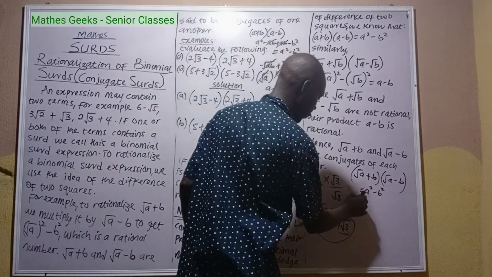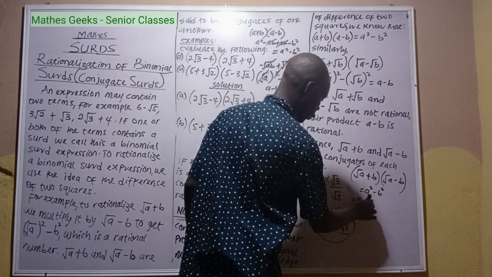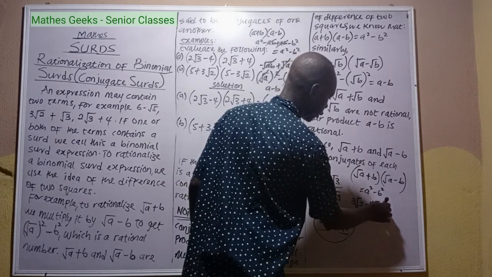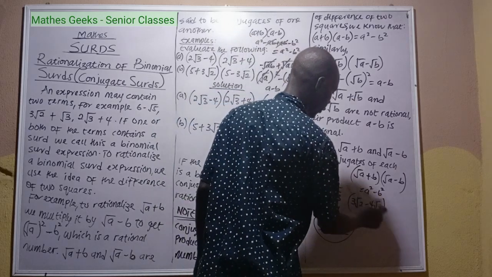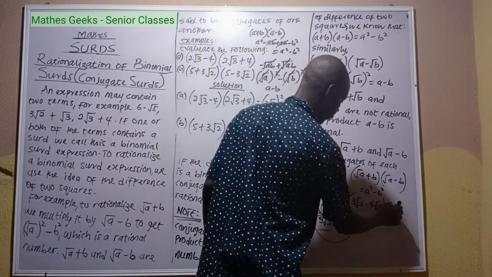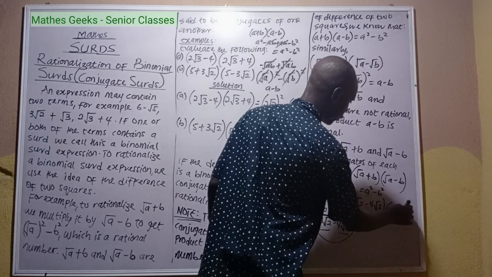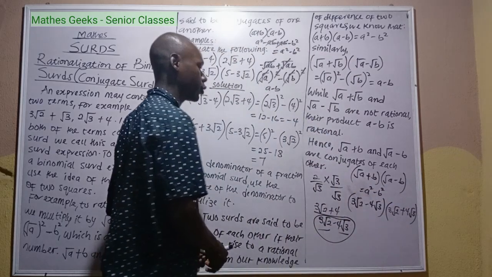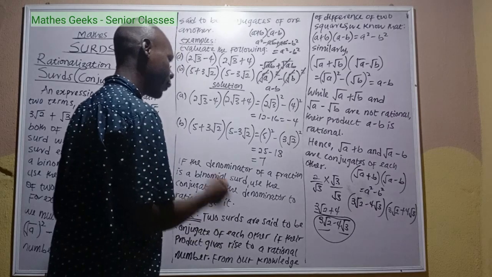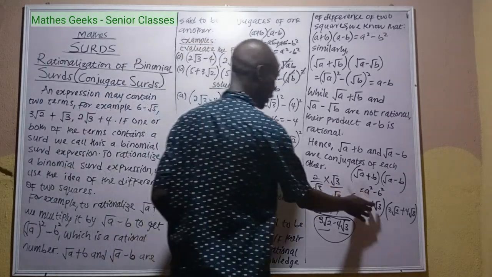And in this case, when the surd is 3 root 2 minus 4 root 3, the conjugate would be these same terms, but opposite sign, which is 3 root 2 plus 4 root 3. So to get the conjugate of a particular surd, just change the sign.